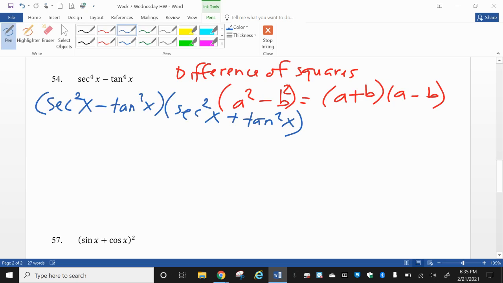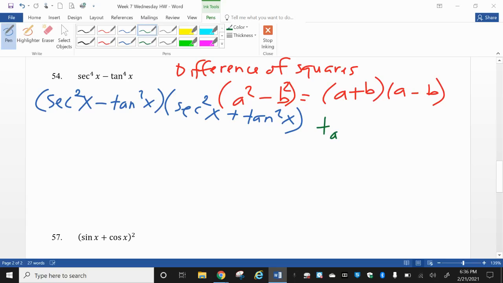Okay, once we have that, here's where it gets a little bit tricky. They sort of look like they might be Pythagorean identities, but they don't all quite match up. So if you go back, we have tangent squared of x plus 1 is equal to secant squared of x.